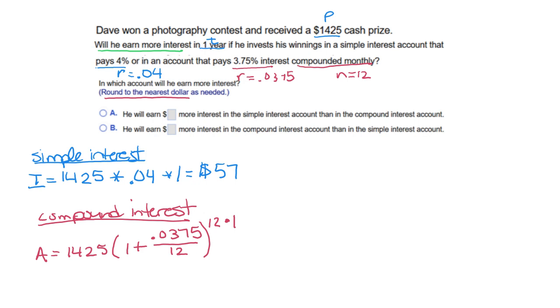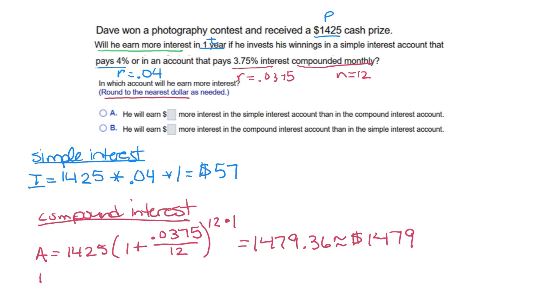So if I place this in my calculator, I'm coming out with 1,479.36, which when I round it is $1,479. All right, that is A. Remember, I don't want A. I want to know the interest amount.